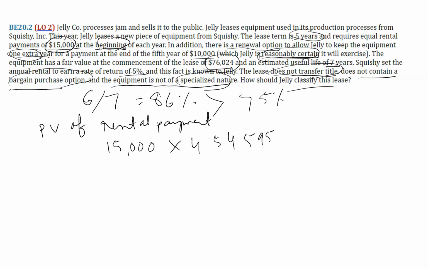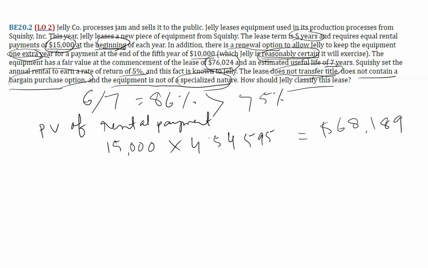If you multiply that by $15,000, the present value of all these rental payments made at the beginning of each year for the next 5 years comes out to $68,189.